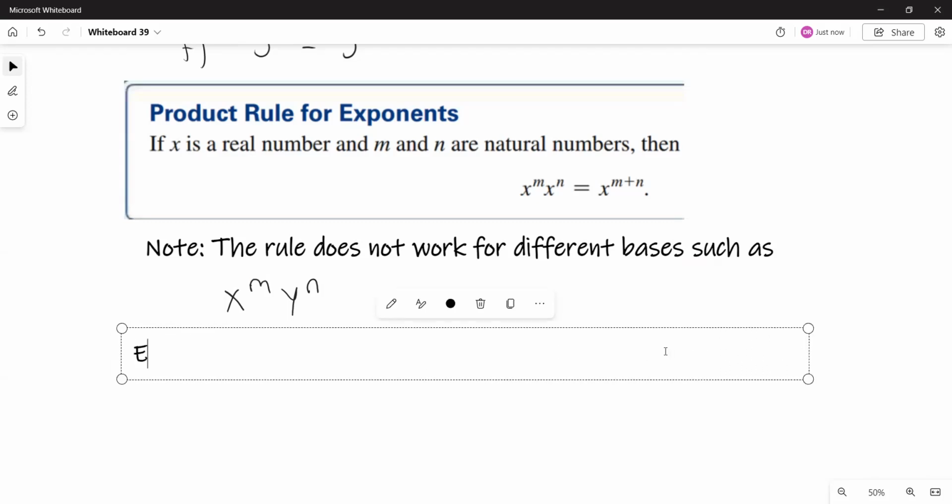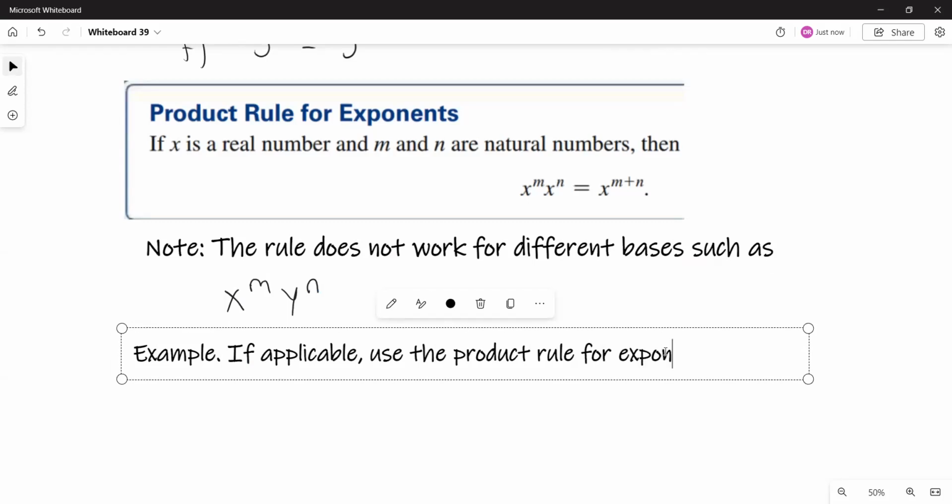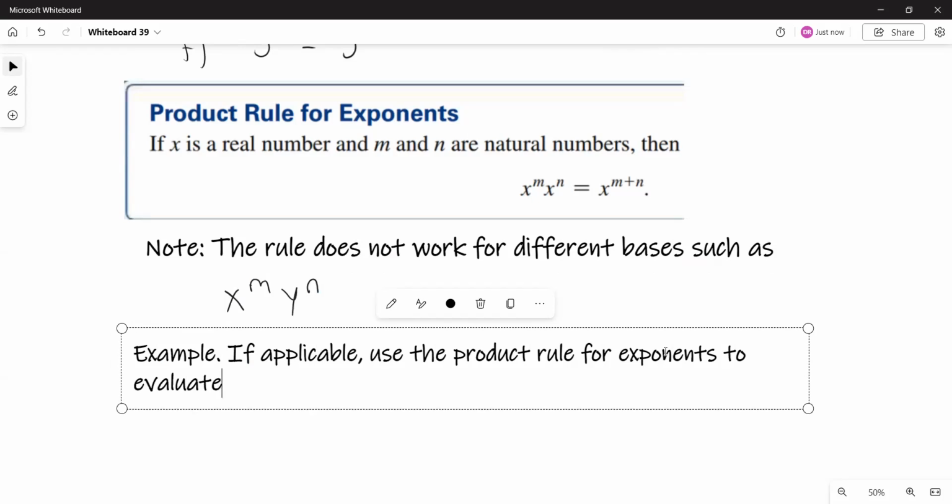So if applicable, we're going to use the product rule for exponents to rewrite each of the following expressions. To evaluate each of the following expressions.